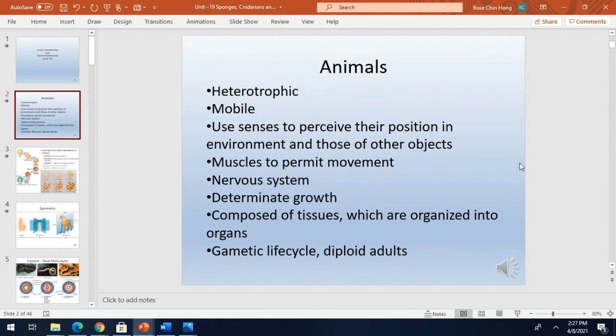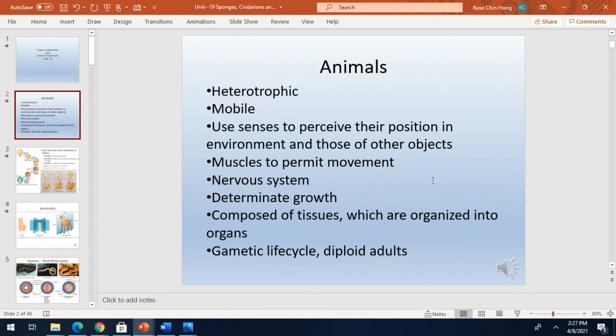So they will need muscles to allow movement, and they have the nervous system in conjunction that they would use to incorporate the stimuli or whatever senses that they get to allow them to take action or no action.